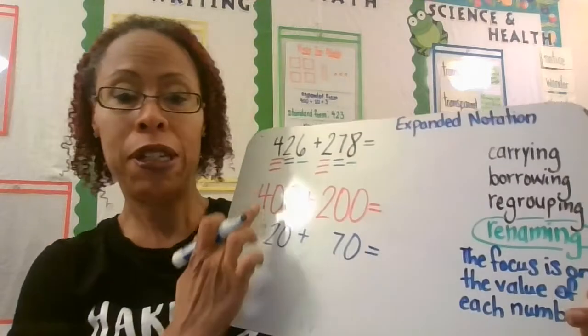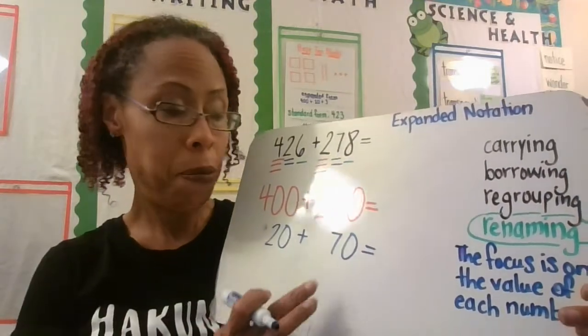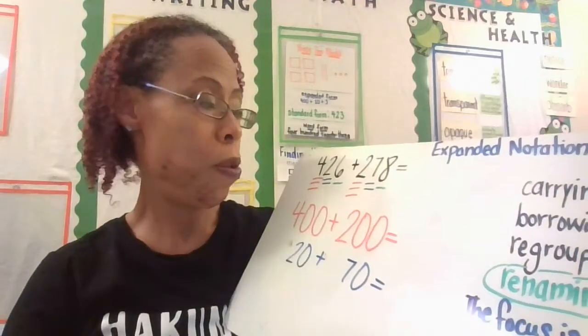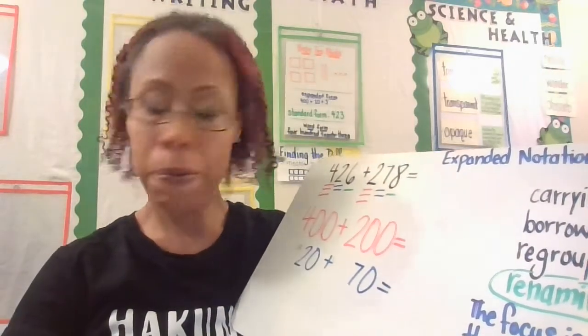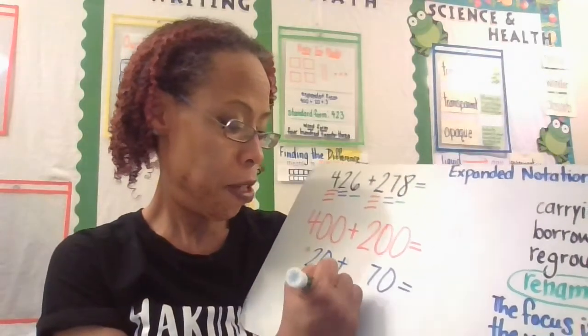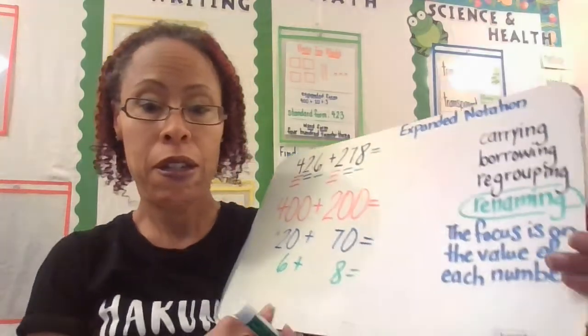Now, it is still important to line up the numbers here, but it is most important to line it up when you find the sum. And then finally the ones place. 6 plus 8.